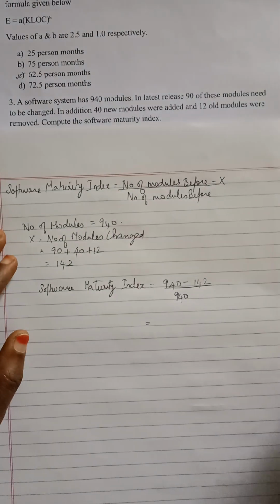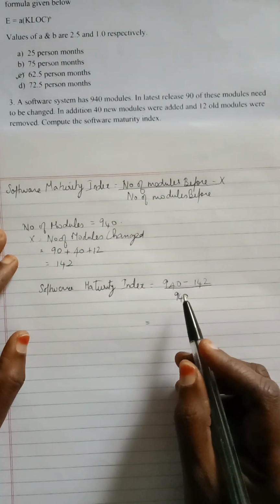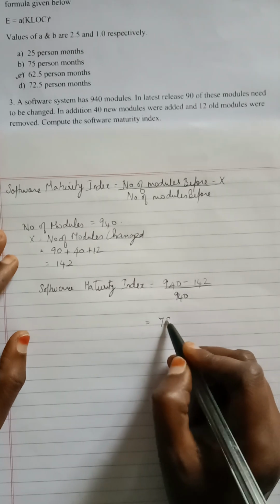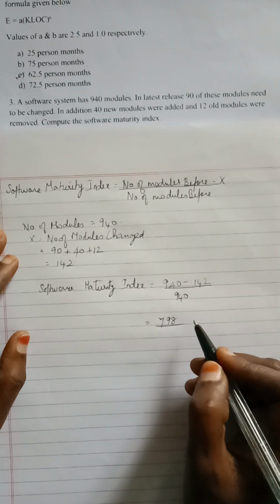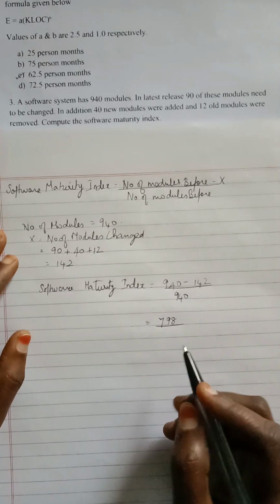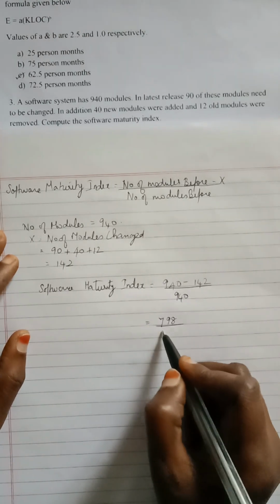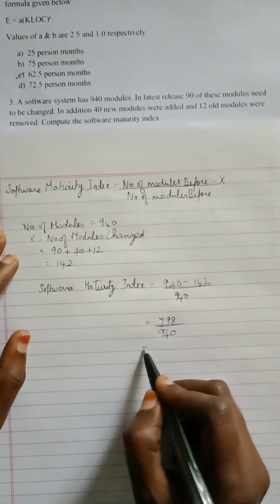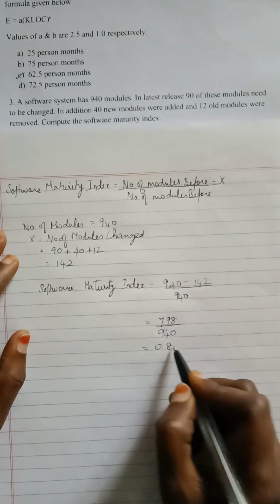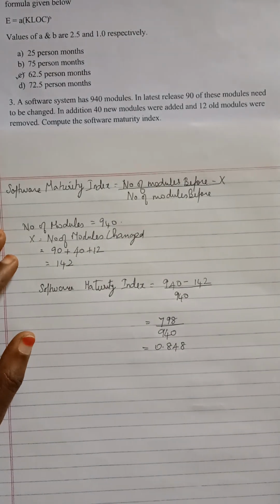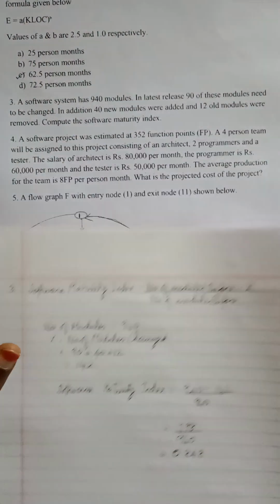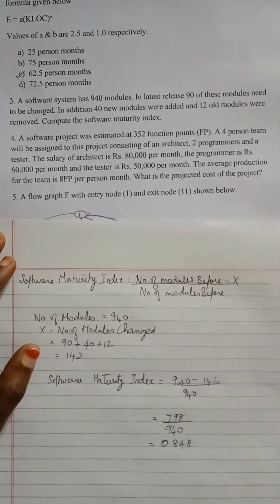Here 940 minus 142 will be 798. So 798 by 940. So this value turns out to be 0.848. So this is the value of the software maturity index. So this value is 0.848.